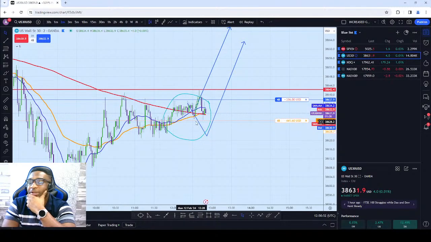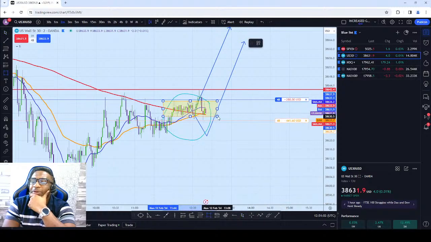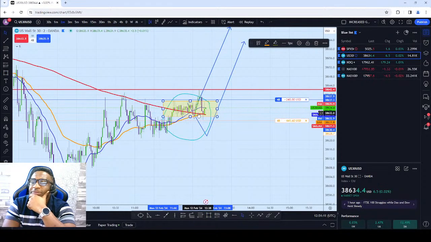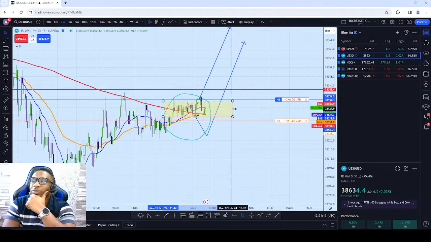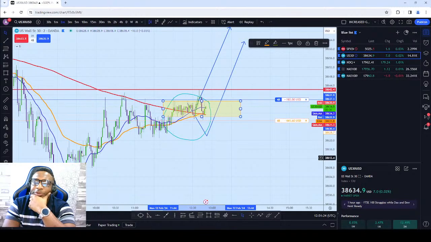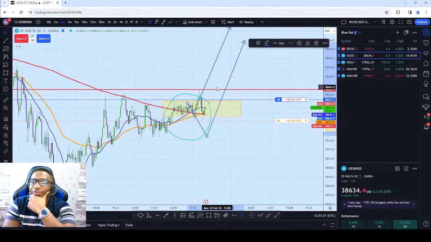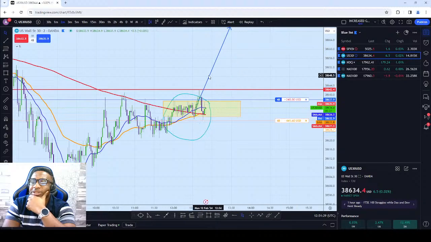Aside from all this that we're trying to get a position here, the next safe thing you could do is box in. It looks like price is in a small range here, so you can just box it in like this. The moment price gets out of this box, pushes up, and comes back for a test, you can jump in. So let me take this off, and we're building another scenario.